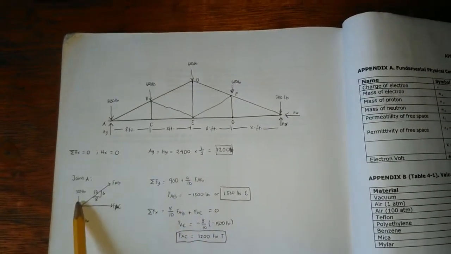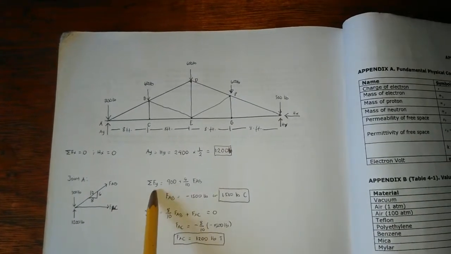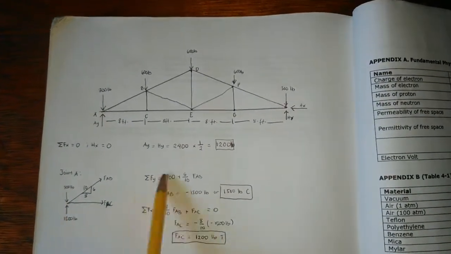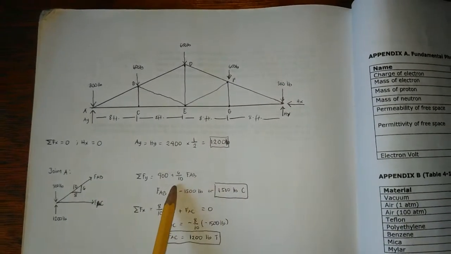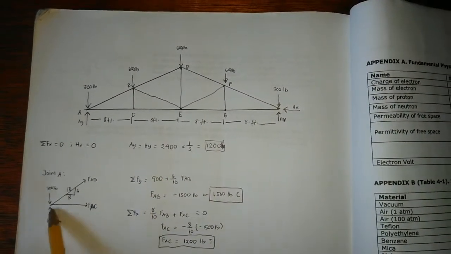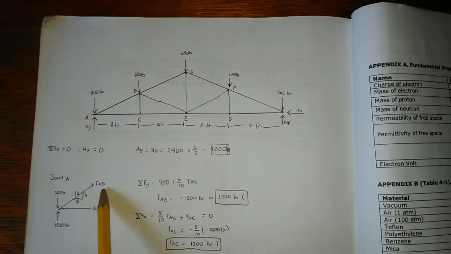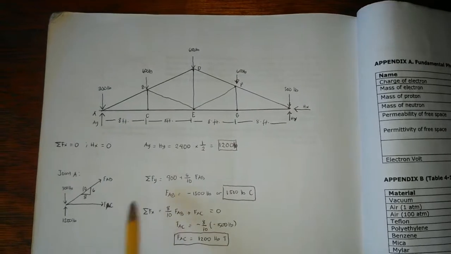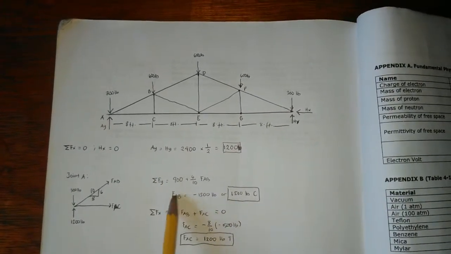So we proceed at joint A. This is our figure in joint A. In order to get the force of AB, we calculate the summation of forces in the Y component.